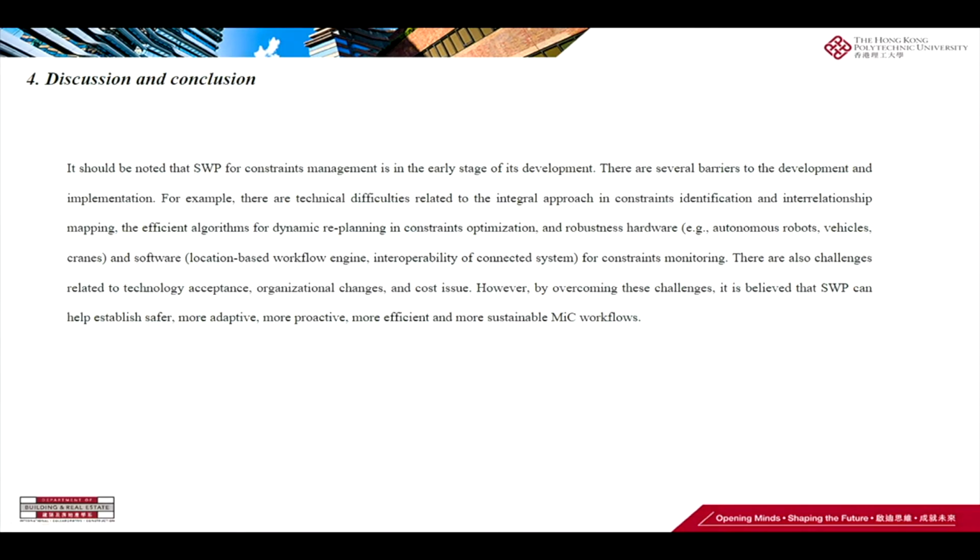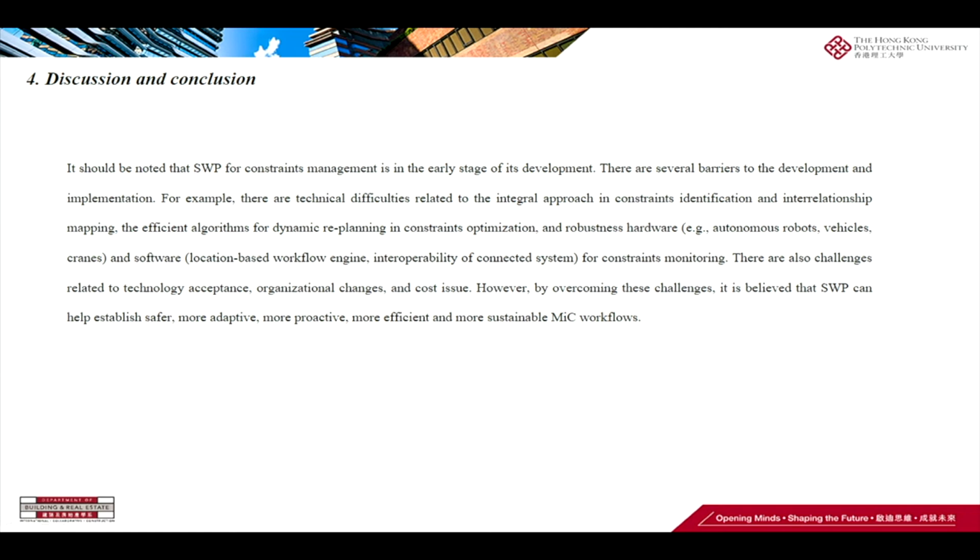So, although we have so many expectations of constraint management in MIC, it still has some barriers and difficulties in the implementation process. First, there are some technical difficulties about the integral approach in constraint identification and interrelationship mapping, the efficient algorithms for dynamic replanning in constraint optimization, and robust hardware and software for constraint monitoring.